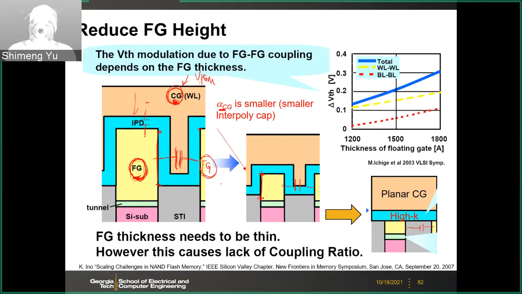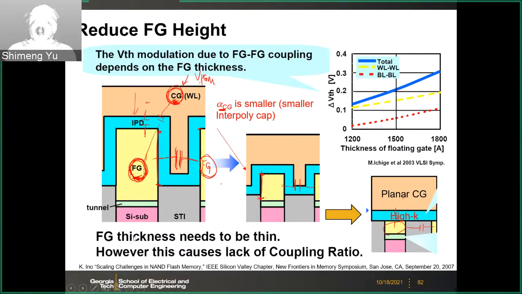If this is a selected cell, you want the voltage to drop here. So you still rely on this IPD capacitance to transfer the voltage from the control gate to the floating gate. As you do this planar control gate, the coverage from the control gate to the floating gate will reduce. So there's a trade-off.